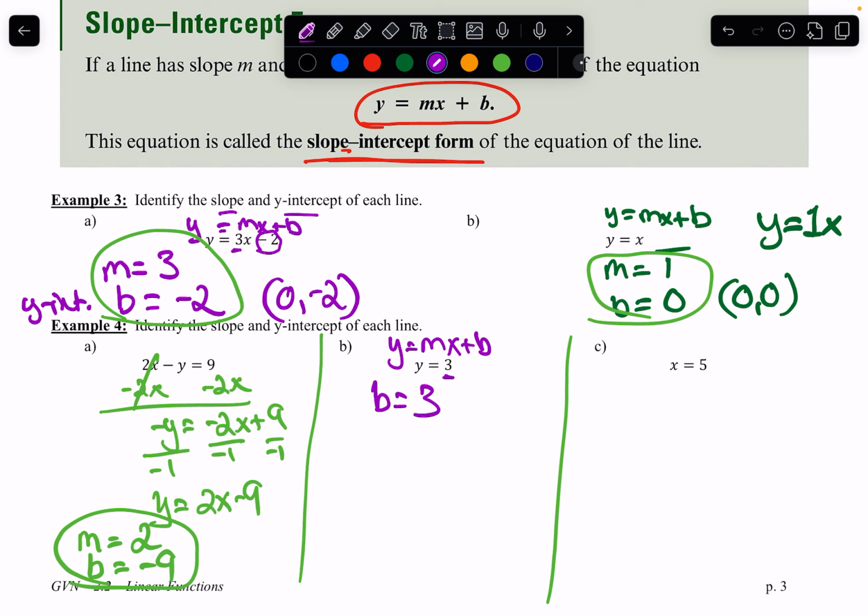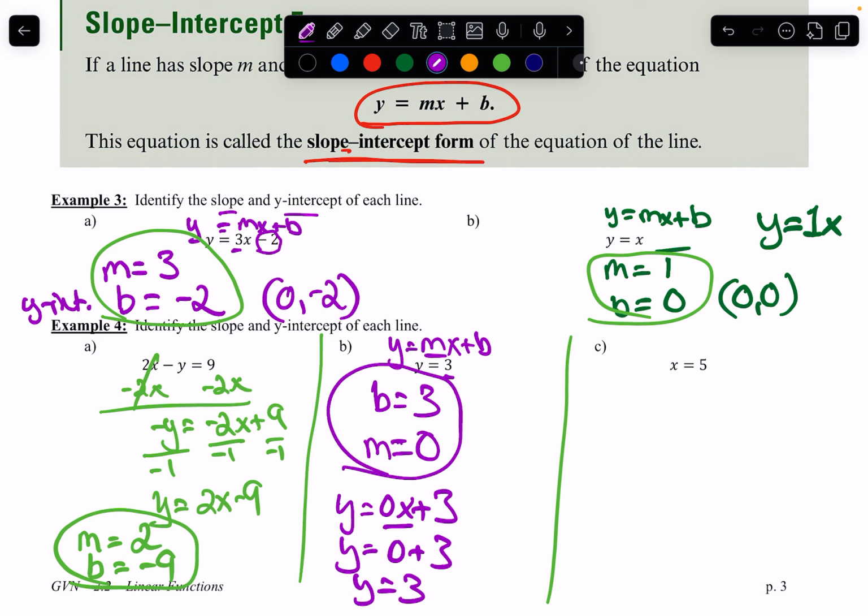It doesn't have the x, so that means our slope has to be 0, because y equals 0x plus 3. This has to be a 0, so it ends up only being y equals 3. So our slope is 0 and our y-intercept is 3.